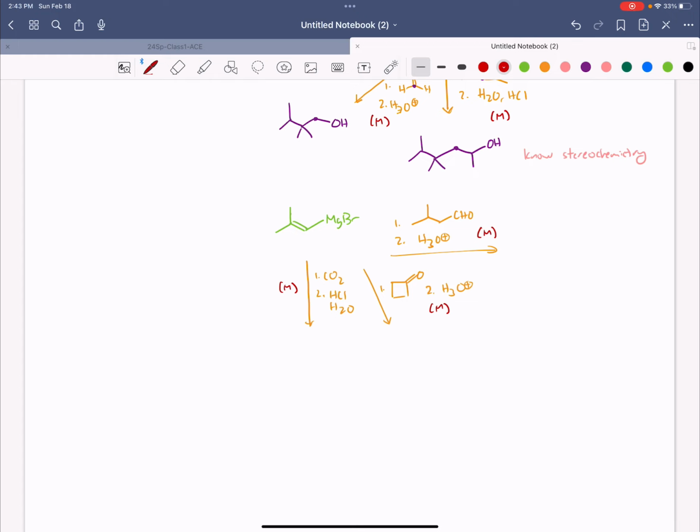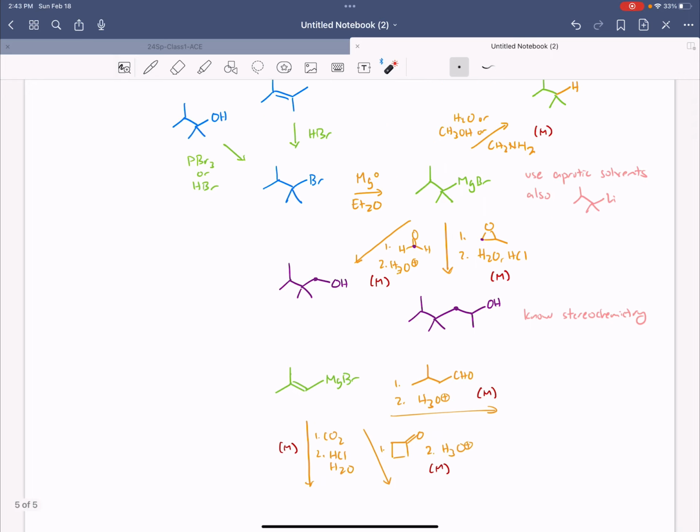Oh, page 5. We take a look at some practice. We're practicing with the retrosynthesis group. How about making this aldehyde? Yeah, this is from Organic 1.